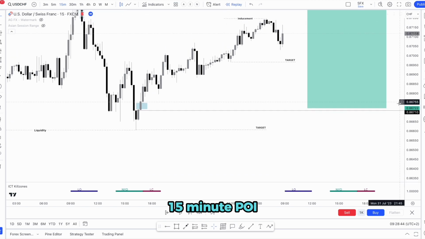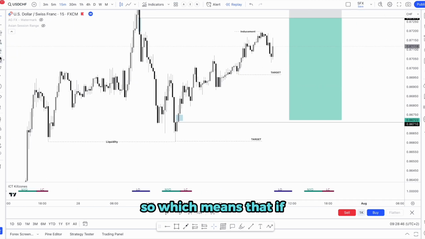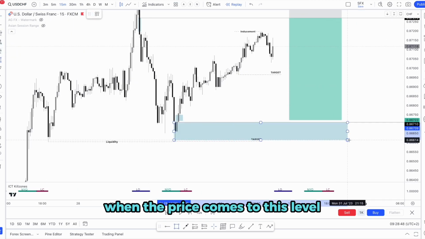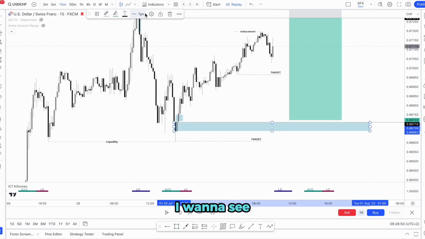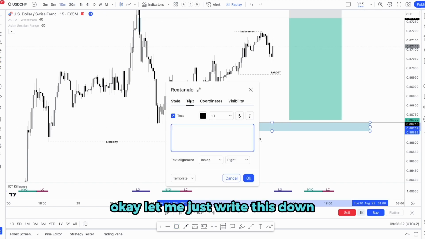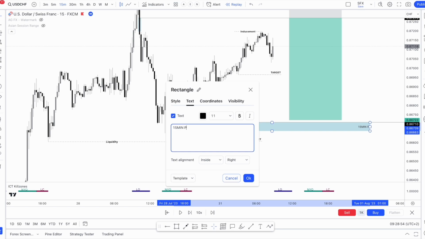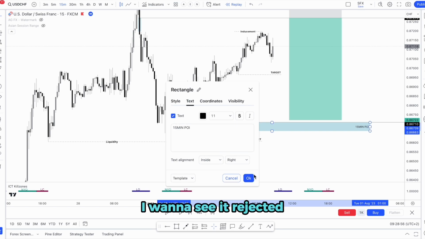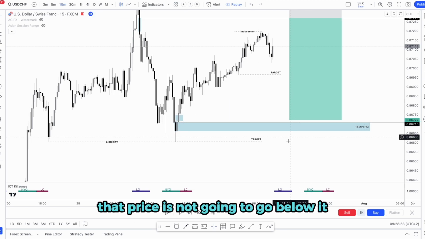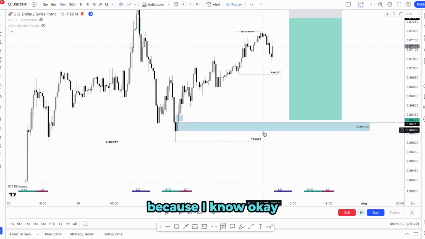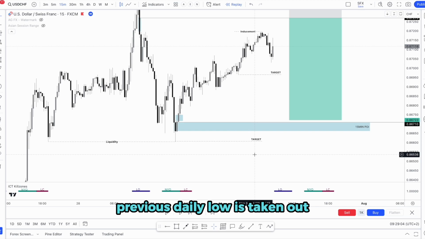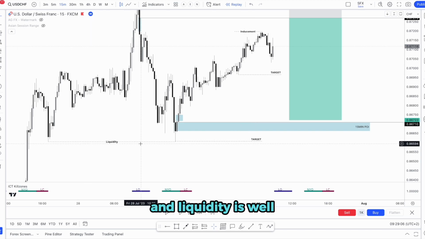So we can target as well this order block and possibly go long, but I would use this as the 15-minute POI. Which means that when the price comes to this level, I want to see it rejected. Let me just write this down. I want to see it rejected. I want to see some confidence that price is not going to go below it. If it goes, then fine, because I know the previous daily low is taken out and liquidity as well is neutralized.